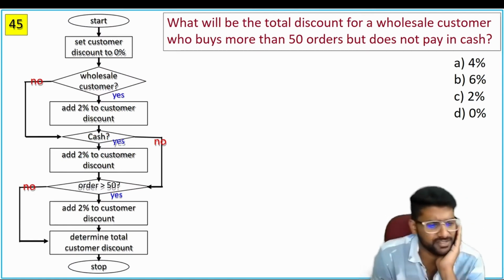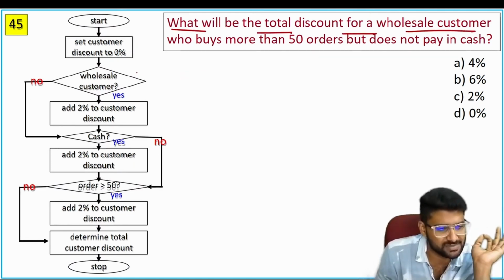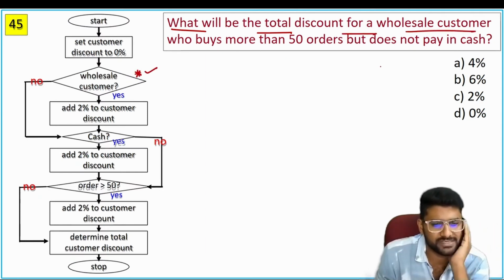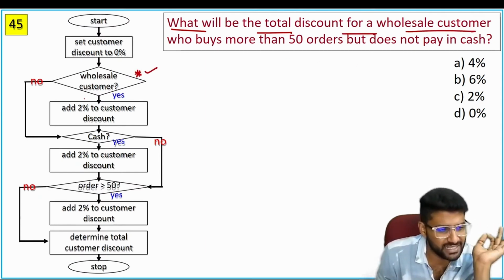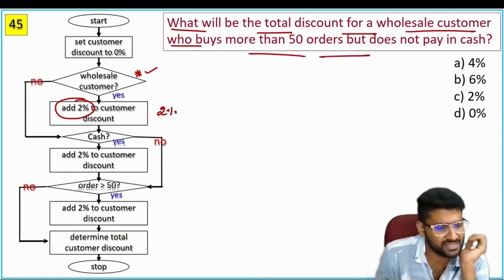Now read the question here. The question says: what will be the total discount of a wholesale customer? It's a wholesale customer. Yes, if it is a wholesale customer, initially he will get how much discount? 2% discount. And who buys more than 50 orders? Again, check it out. Who buy more than 50 orders and they are not paying in cash.